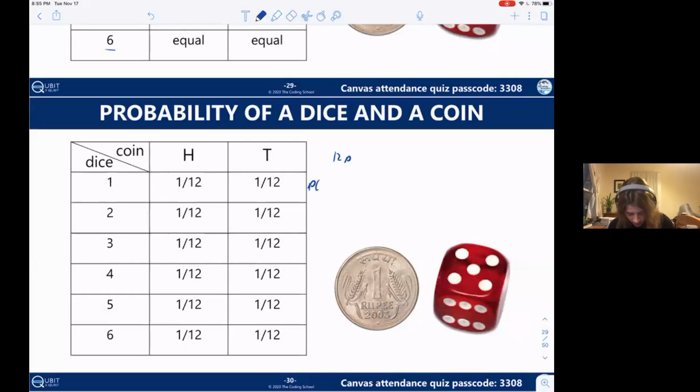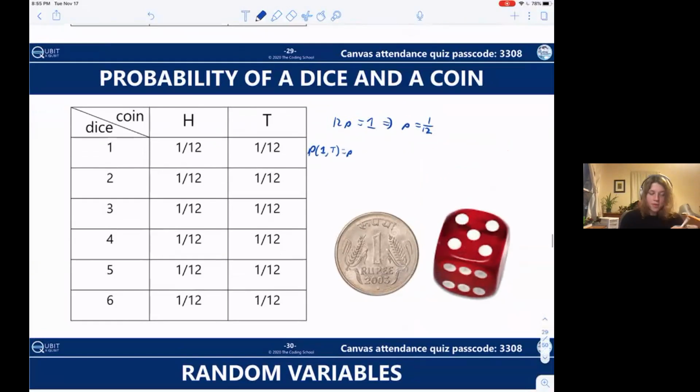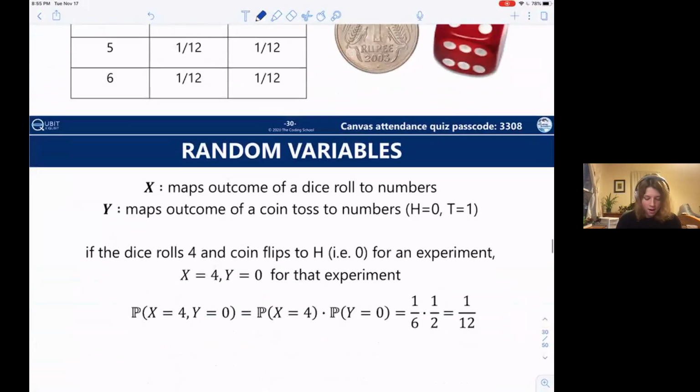The probability of 1, tails is p, etc. For all of them, we want 12p to equal 1. Therefore, p is equal to 1/12. And so this is a pretty simple result, since these are both fair.